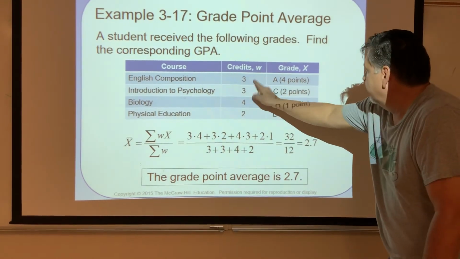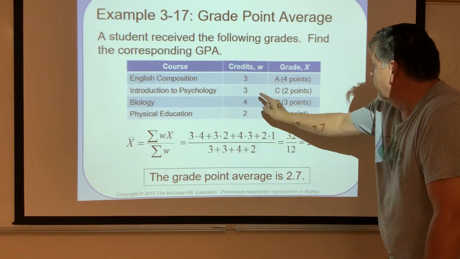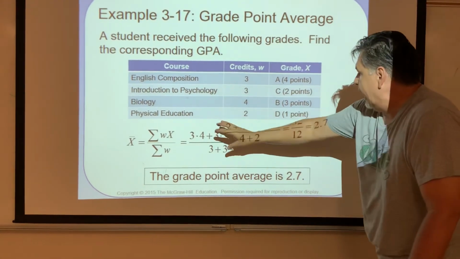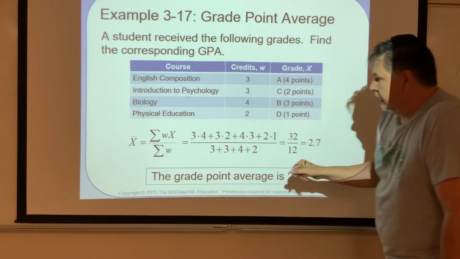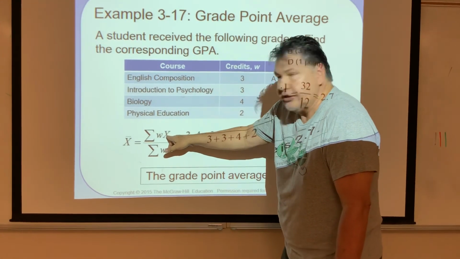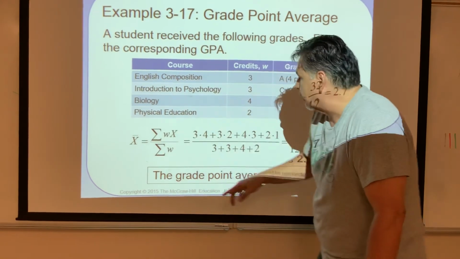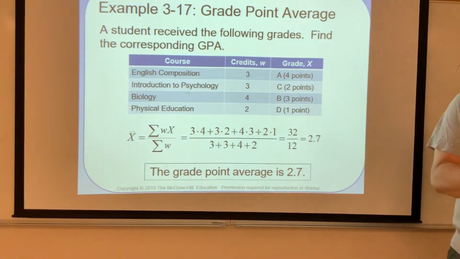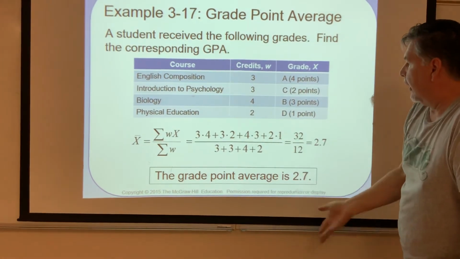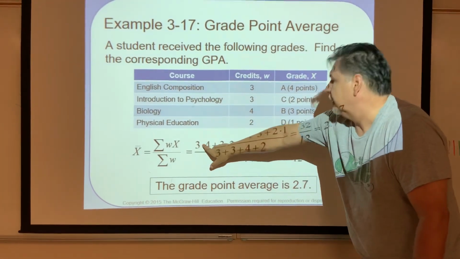And then we add that all up. A lot of times you'll see a little dot between the W and the X, and that just tells you that it needs to be multiplied. When I give you something, I'll usually put a little dot there that tells you that you have to multiply.